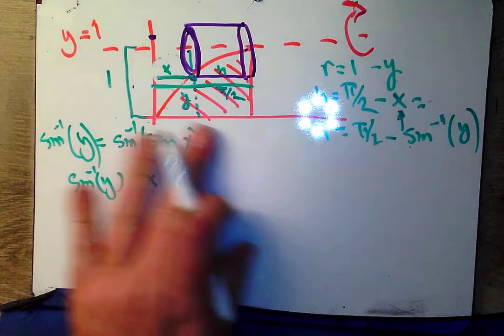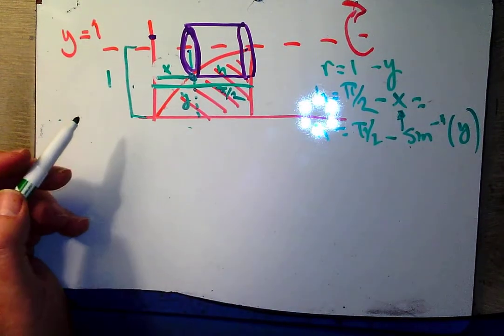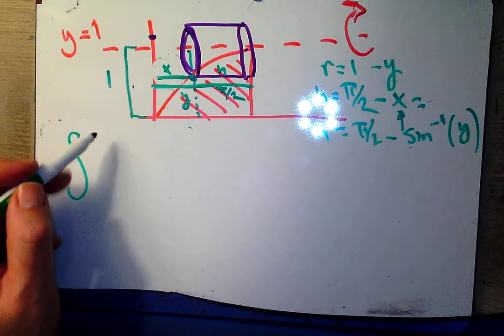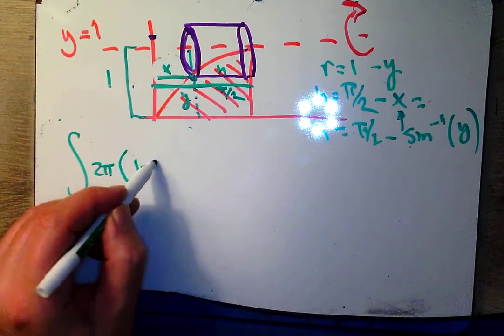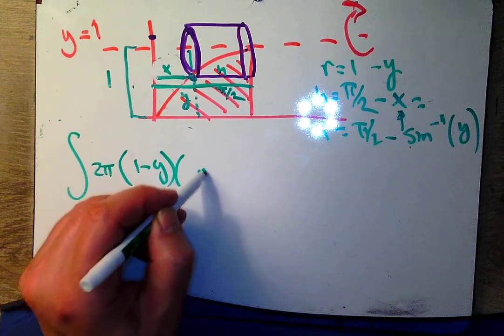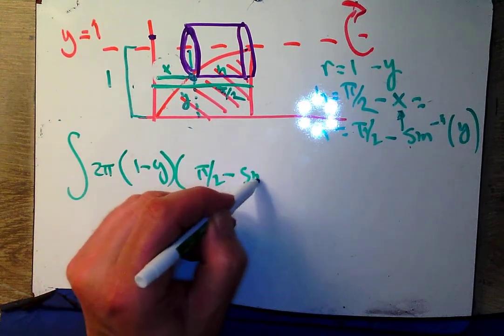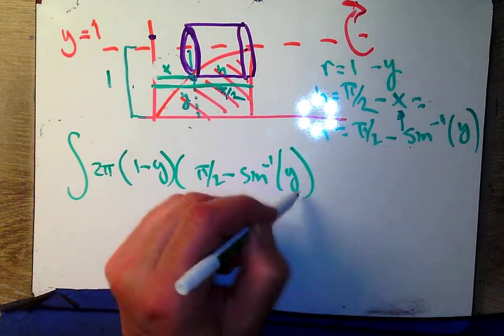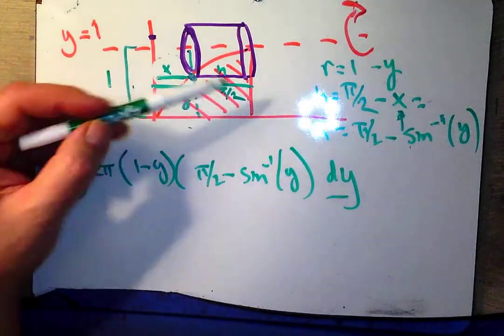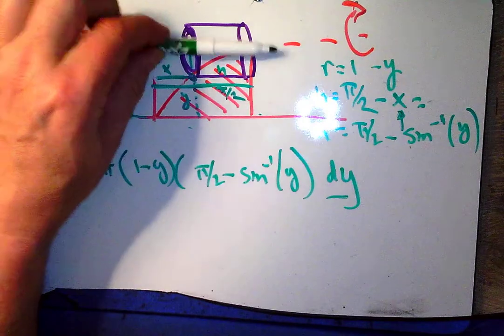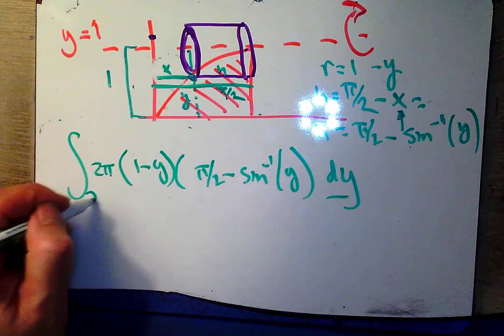Excellent. Okay. So my integral is going to be 2 pi times 1 minus y times pi over 2 minus sine inverse of y dy. And since we're talking dy, we want to integrate from this y value to this y value.